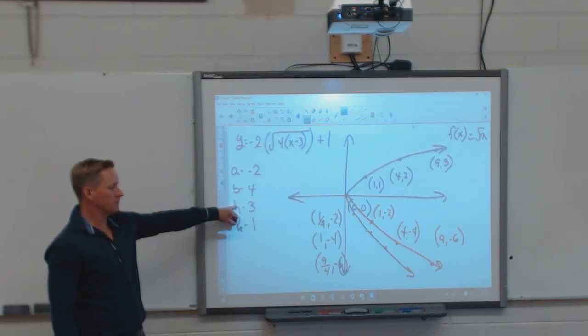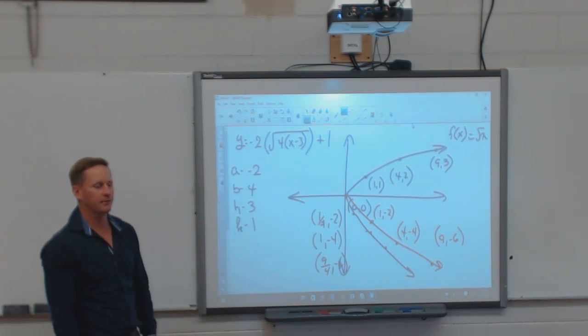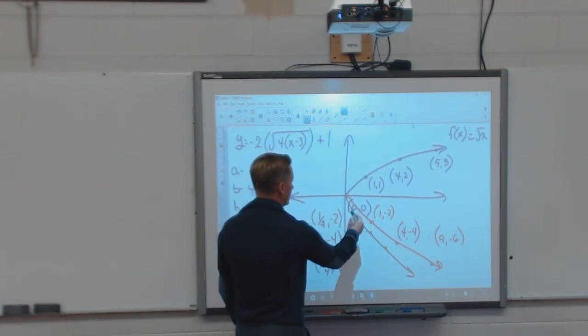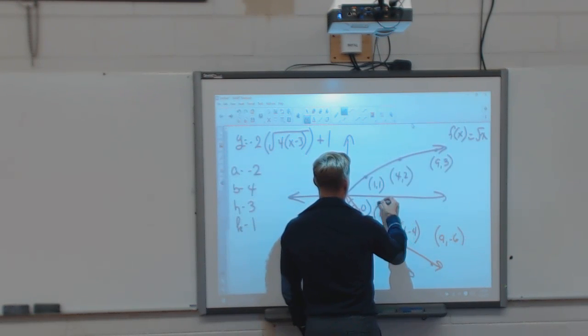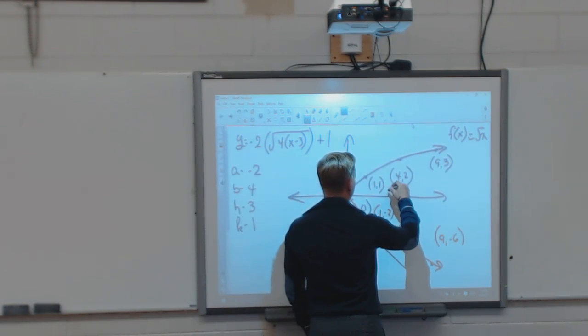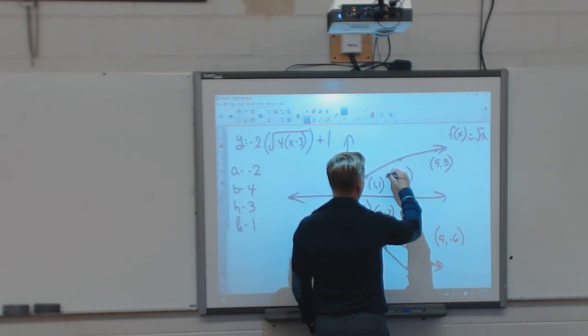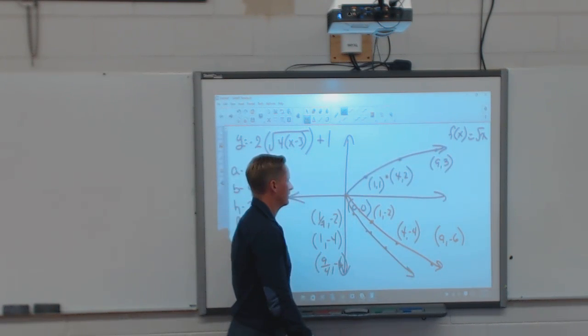Where am I going now? Right 3, up 1. So move them. 0, 0 goes to 3 and 1, approximately right here.